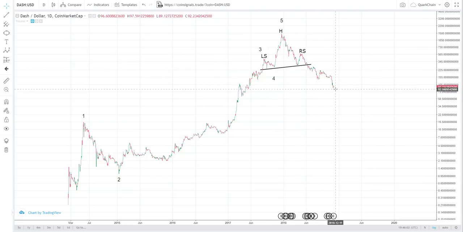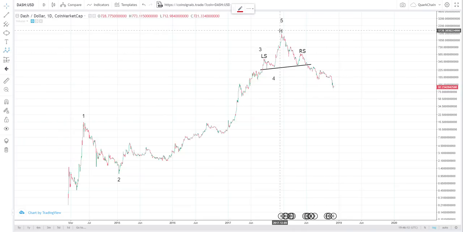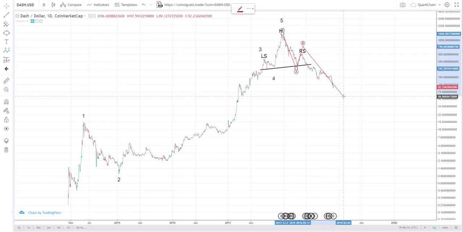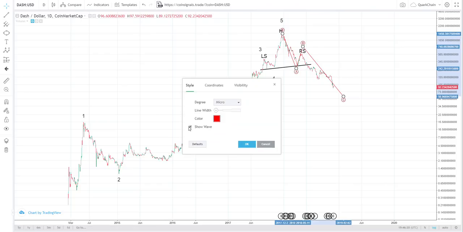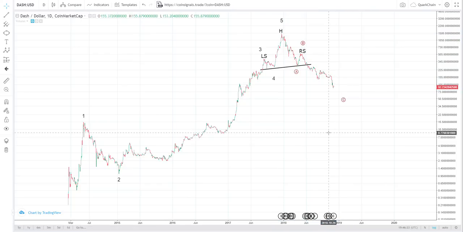And usually you can tell which family the corrective sequence belongs to. In this case, I think it's an ABC. So we have an ABC swing. And that ABC swing is likely a 5-3-5 zigzag type.